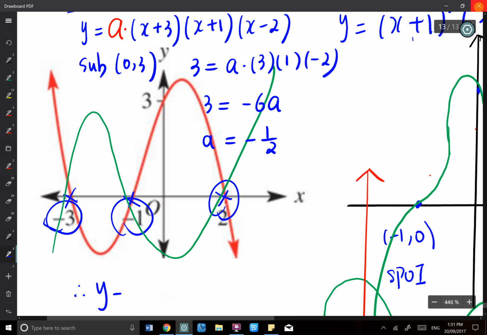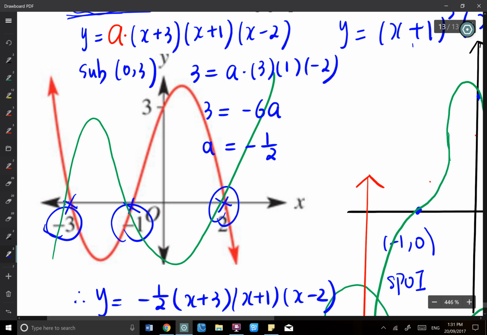So this equation will be y equals -1/2 times (x plus 3)(x plus 1)(x minus 2). That's the equation. I know the graph is a little bit messy, but that's how much effort it needs.